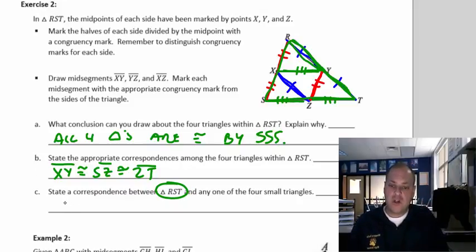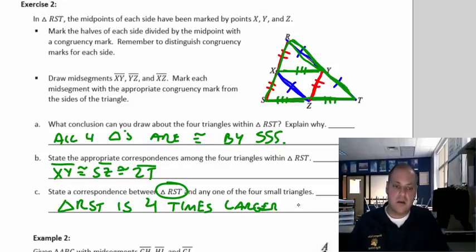So therefore, triangle RST is 4 times larger than each of the smaller triangles.